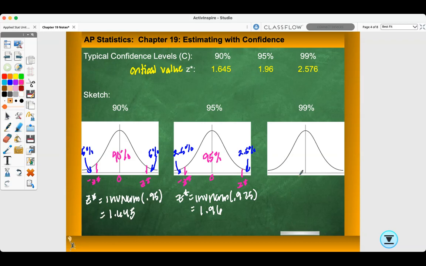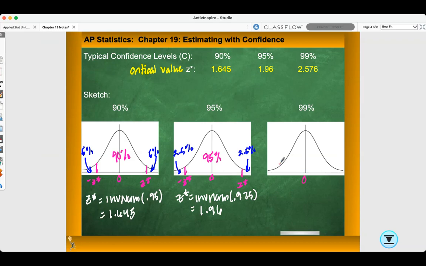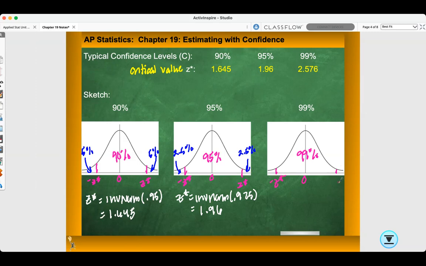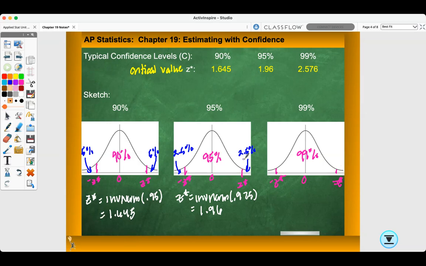And then the last one, when we have a 99% confidence interval, this area in the middle is 99%. We have negative Z star here, Z star here. So my area in here would just be 0.5%, and this area on this side would be 0.5%.